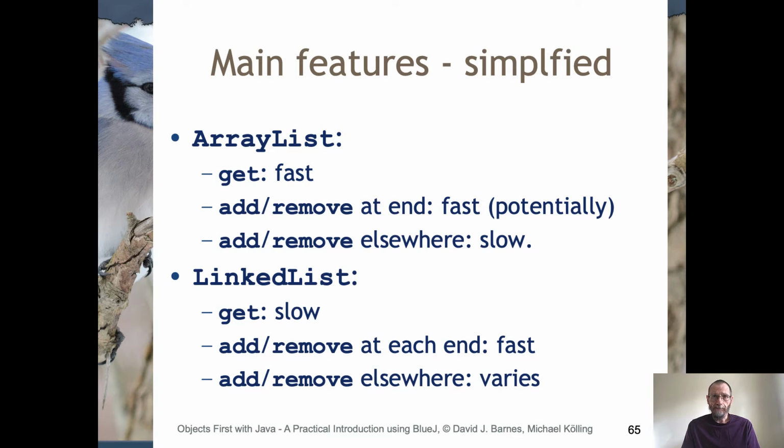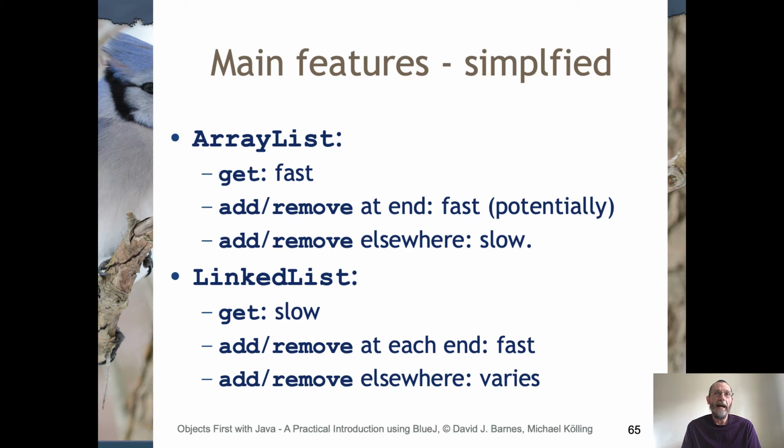But in general, we can say that for an array list, whenever we call its get method, then the array list is able to return the reference to the object that we want very quickly. In fact, it doesn't make any difference what index we provide to the get method. It will be able to return the object we want in exactly the same time.